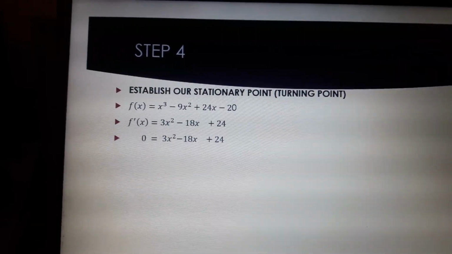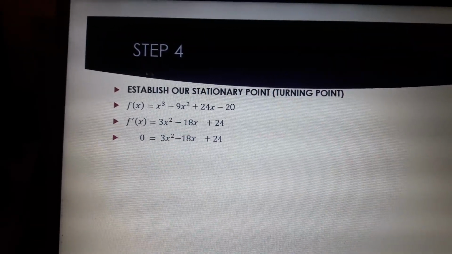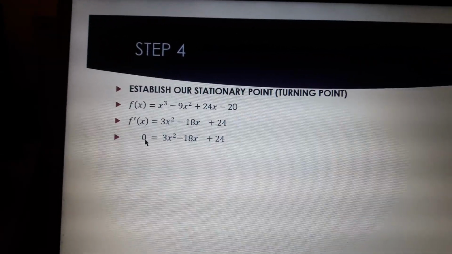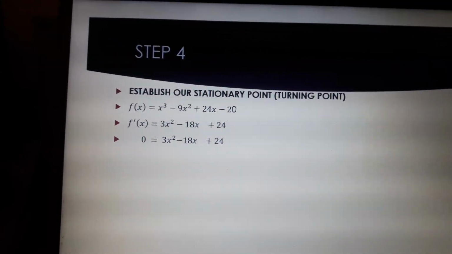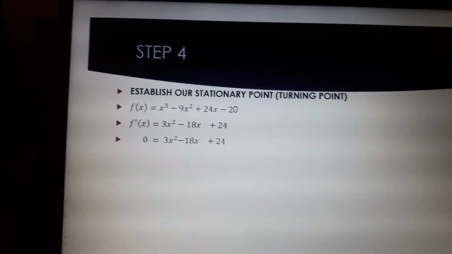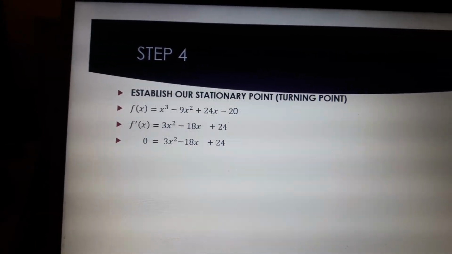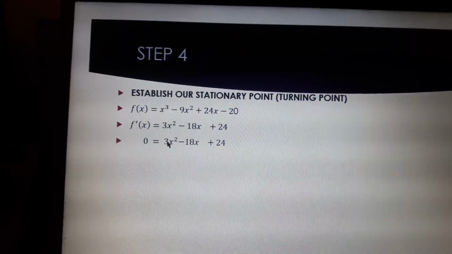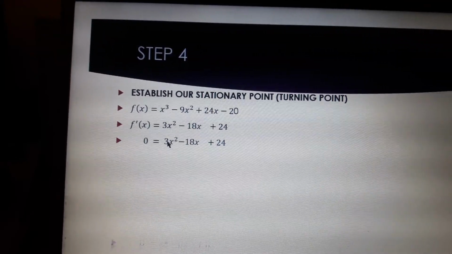Then from there we divide this by 3. After dividing by 3, this is what we get.